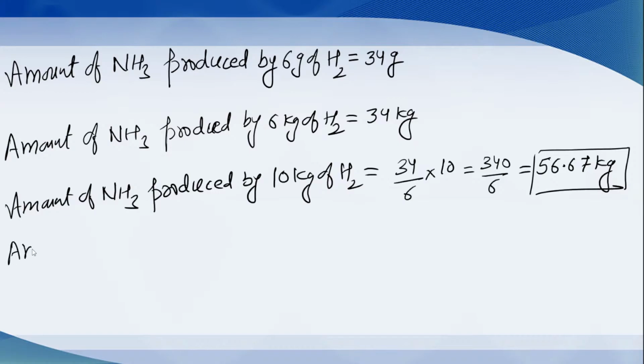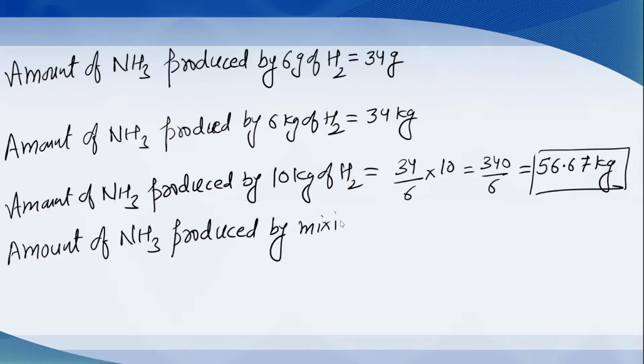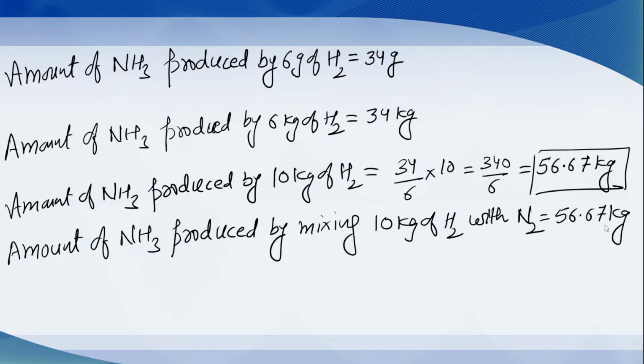So you can write the complete statement that the amount of ammonia produced by mixing 10 kg of hydrogen with nitrogen is equal to 56.67 kg. Next question.